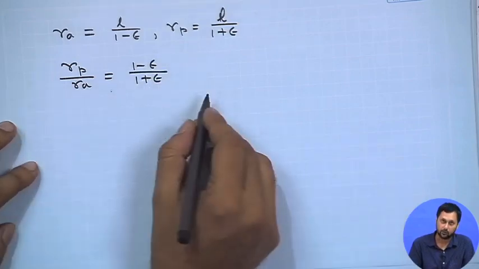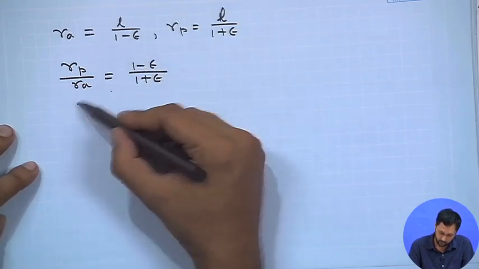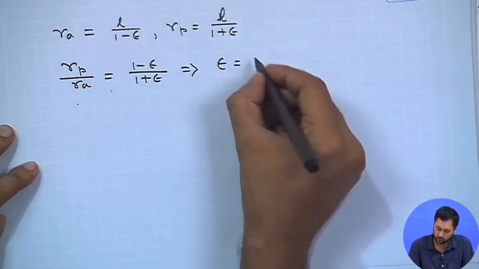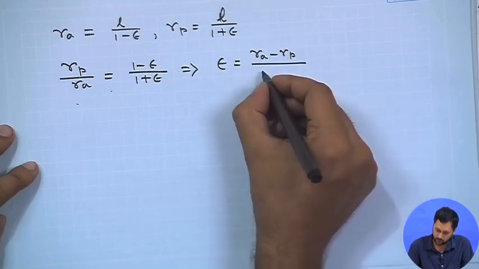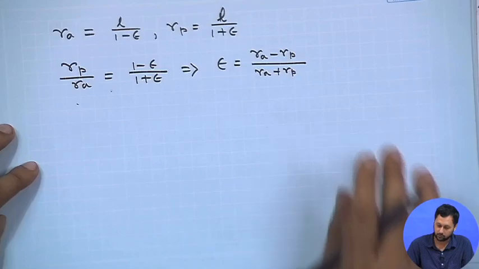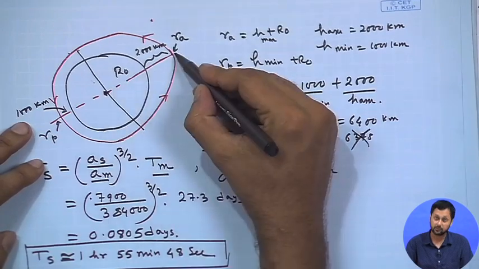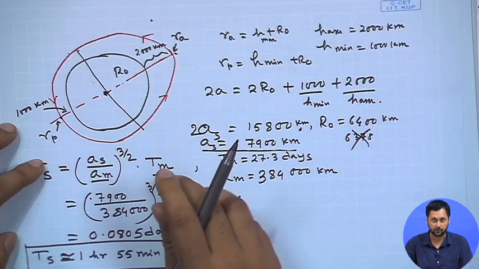If we do some simplification, we will see epsilon is given by (R_A minus R_P) by (R_A plus R_P). And also, if you recall, R_A is the distance farthest from the force center and R_P is the distance closest to the force center, right.